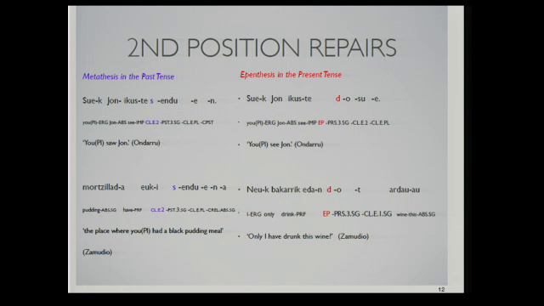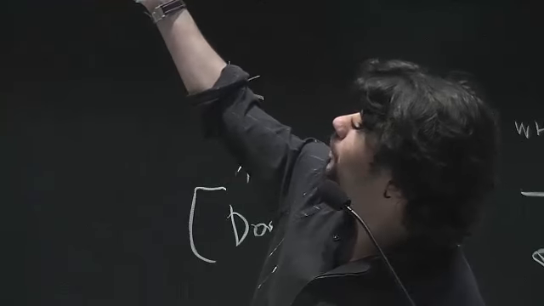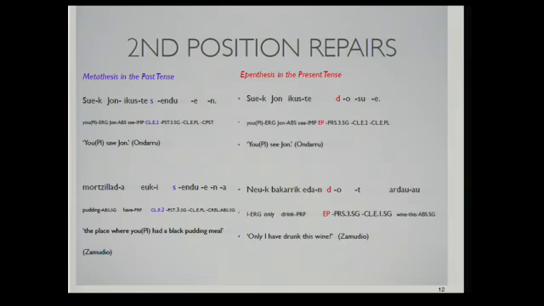This is the only case where you see an ergative clitic occurring to the left of the auxiliary. A similar example here from Zamudio. Whereas in the present tense, we have epenthesis, we have D-support, if you like, occurring, and furnishing a morpheme to the left of the auxiliary root in order to satisfy this second position requirement.